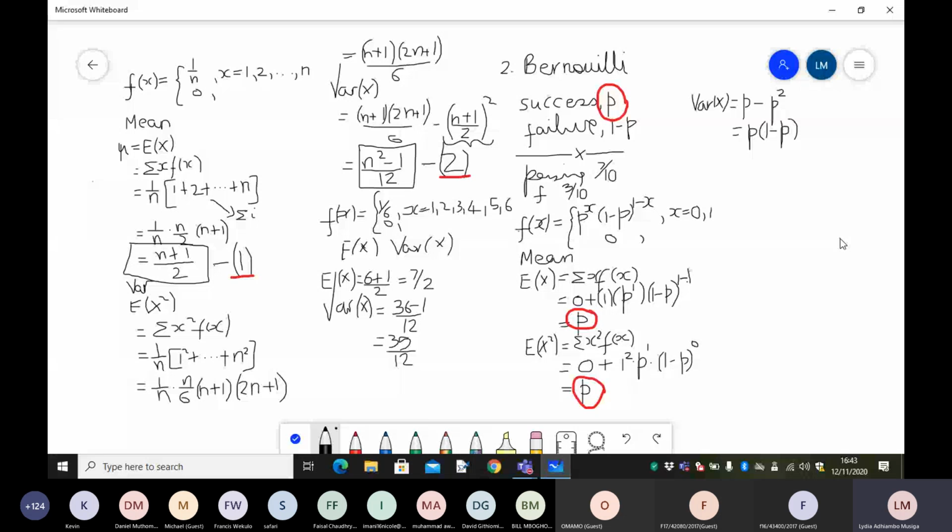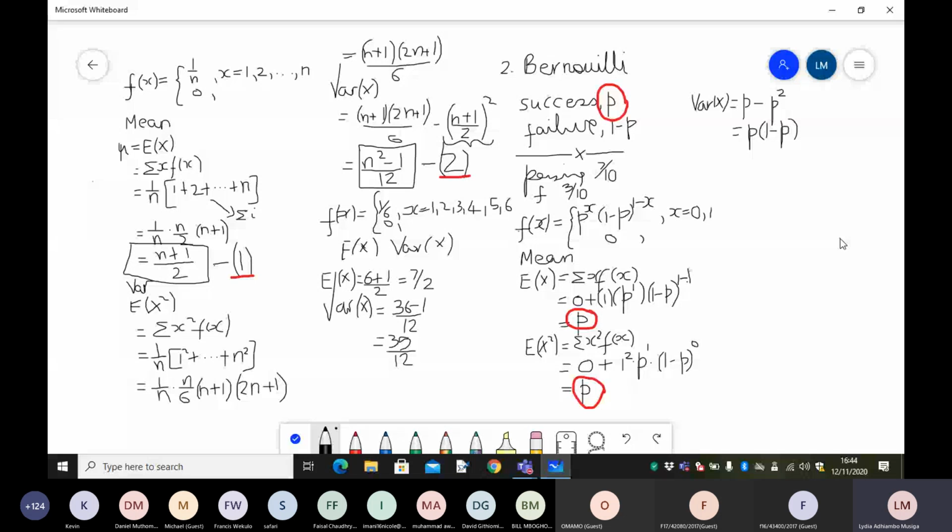Now, I am getting the mean and the variance again, that is true, but I'm not using the MGF technique. I am using expectation to get the mean and the variance. So the difference is this.